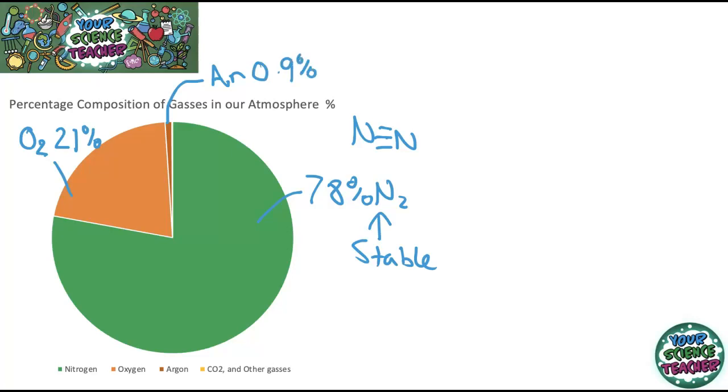Also incredibly stable. Remember, it's a noble gas with a full outer shell, not going to react very well with anything, so once it's in the atmosphere, it stays around. And then finally, the smallest wedge, around 0.1%, is made of other gases, including the likes of carbon dioxide and methane.